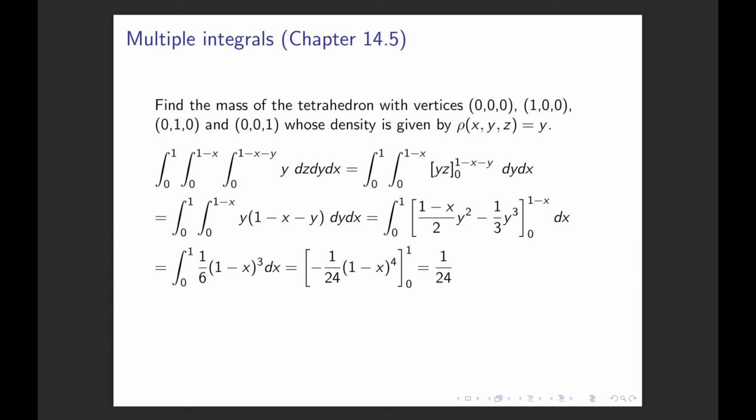Computing the antiderivative of y minus xy minus y squared, we get the fourth integral on this page. This describes the area of each of the triangles, and we have to integrate over x finally to add up all the triangles from 0 to 1. And that gives us 1/24 finally as the mass of this tetrahedron.